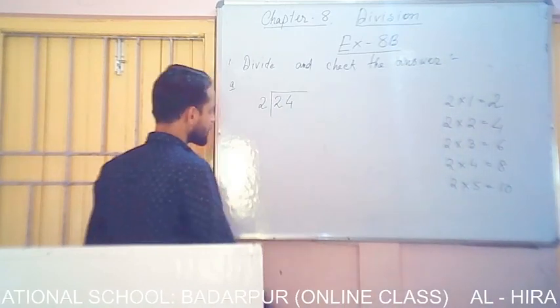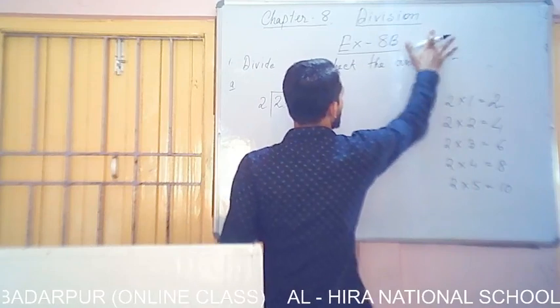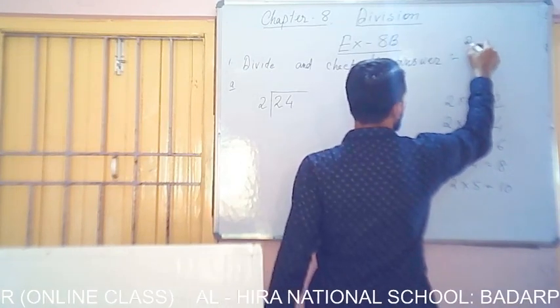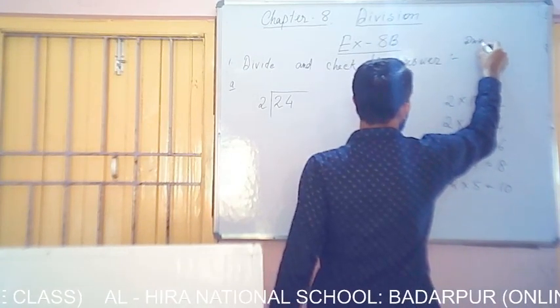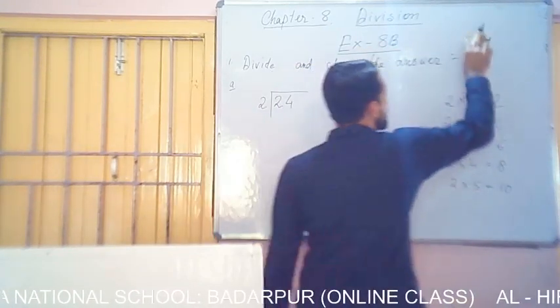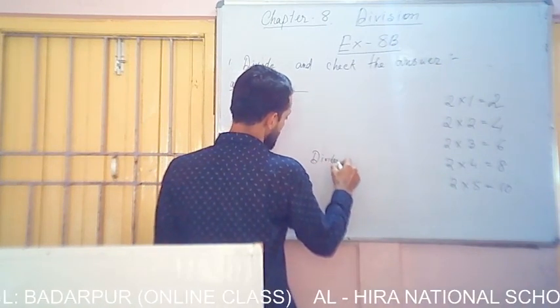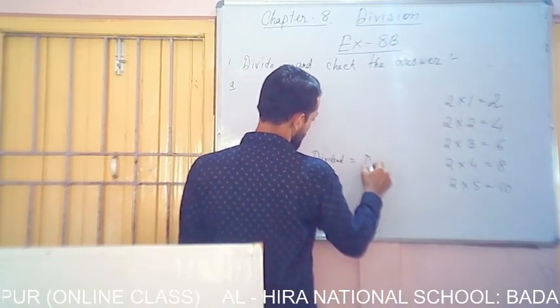So here you see 2 and 2. Here you can see dividend equal to divisor.